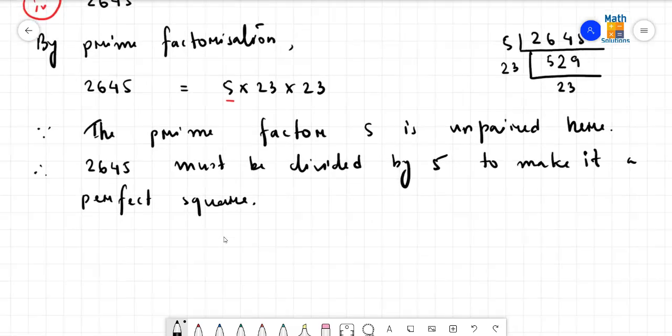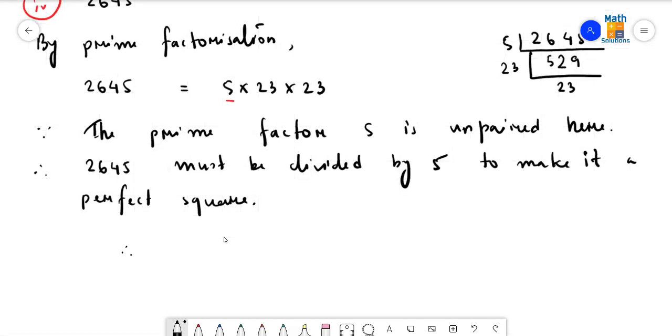So after this, therefore 2645 when divided by 5, of course we find that when 5 is removed among these factors, 23 and 23 will be left behind. So the product of 23 and 23 is 529.